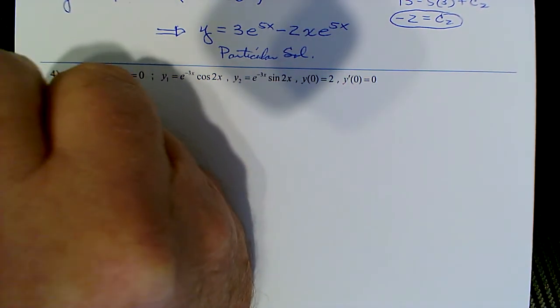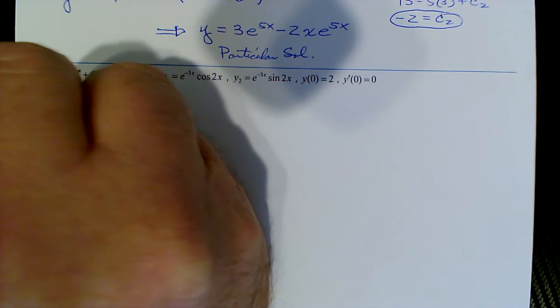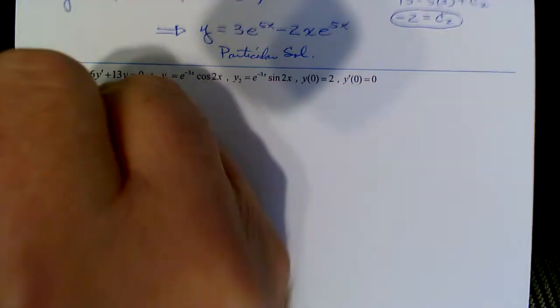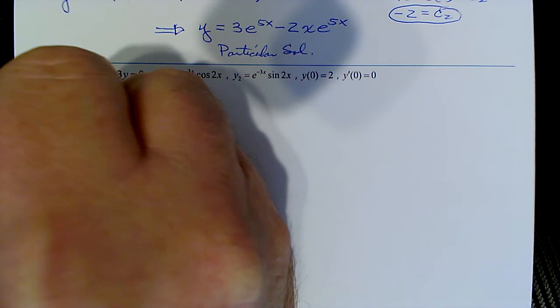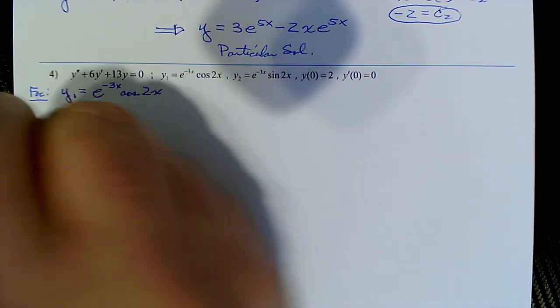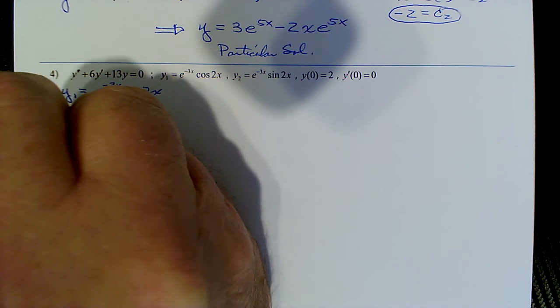So for y1, which is e to the negative 3x times the cosine of 2x, we'll need two derivatives to verify.